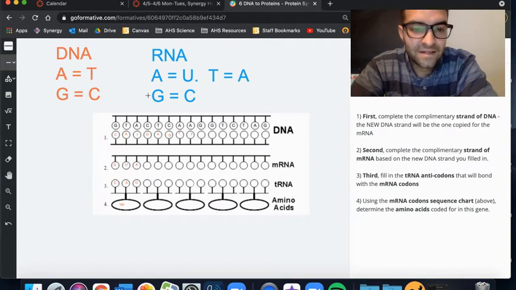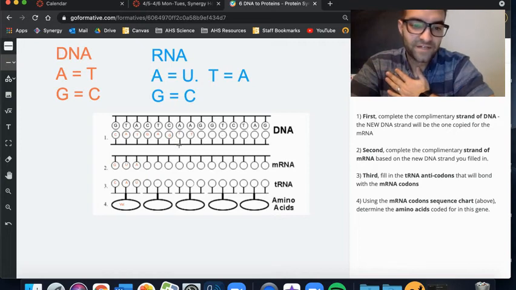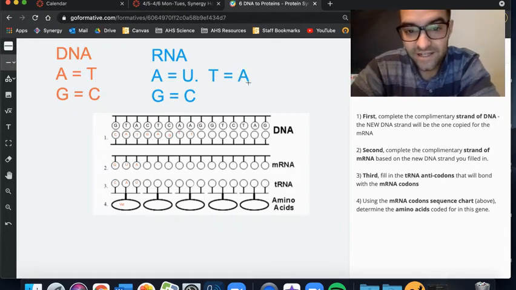A reminder that RNA has different nitrogenous bases that bond, and really it's just that there's no thymine. So if our DNA has a thymine, that's fine because that RNA can attach an adenine still.